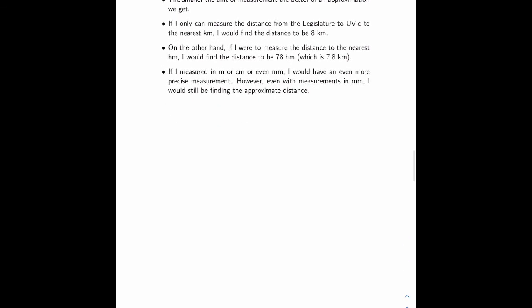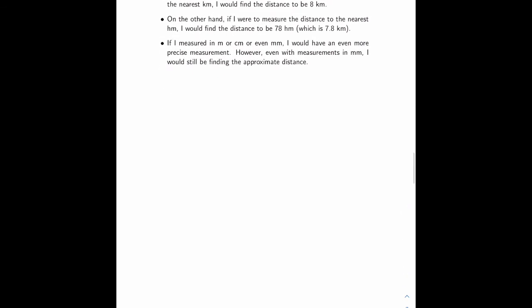The smaller the unit of measurement is, the better of an approximation I get. So if I measure the distance from the legislature to UVic only to the nearest kilometer, I'd find the distance to be 8 kilometers.